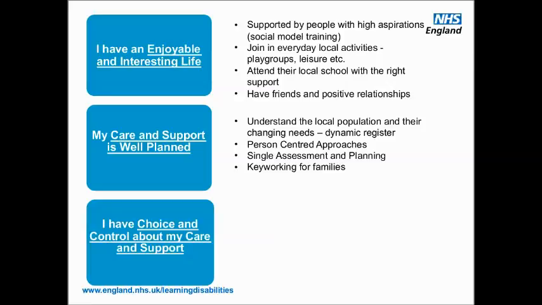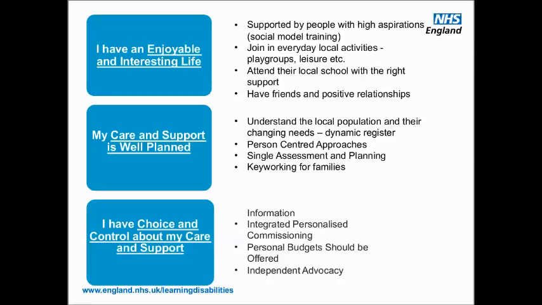The third principle: I have choice and control about my care and support. Gavin mentioned some of this earlier in the webinar, and this is about really putting people at the centre of their own experience. It's about having clear information of what's available in terms of care and support, and that can be done through the local offer, which again is a requirement of the SEND reforms.